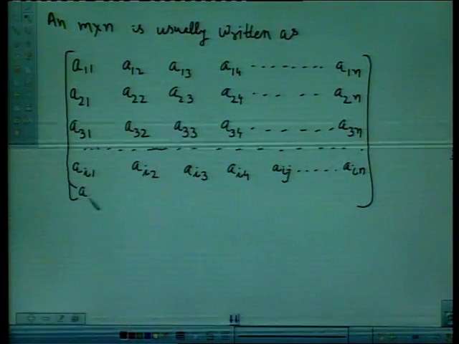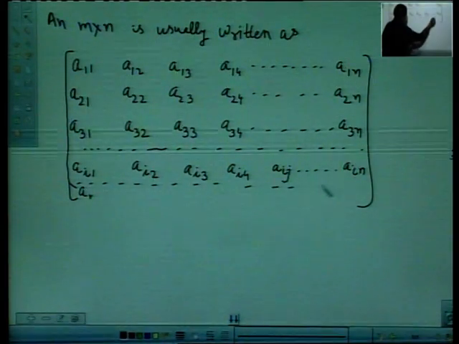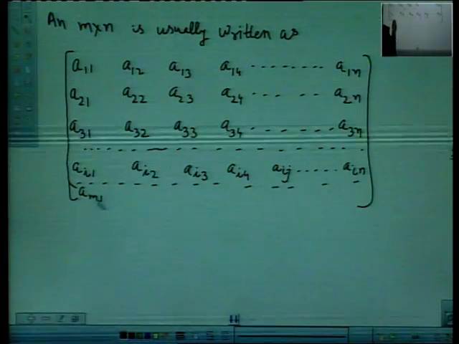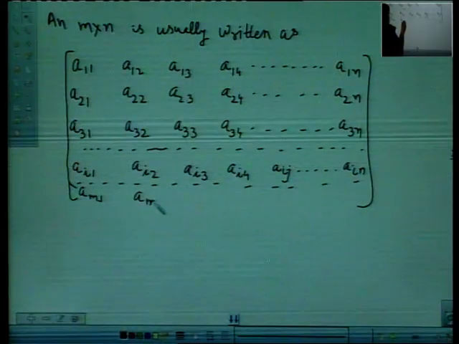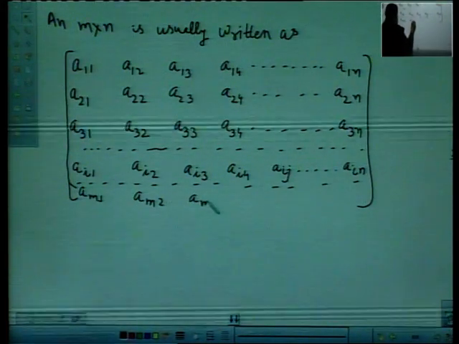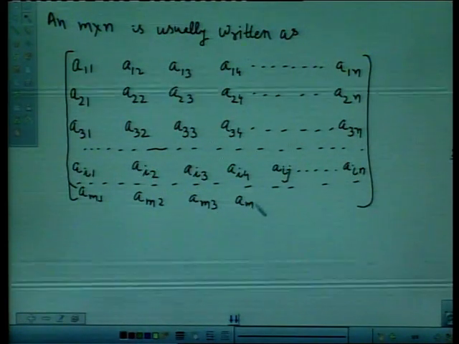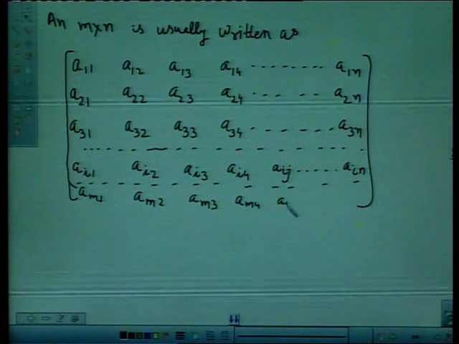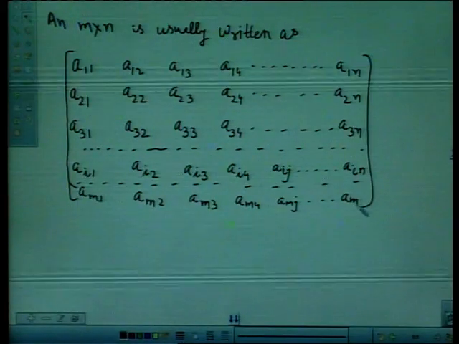Now last, similarly, this is the mth row: am1, am2, am3, am4, and in between we can write amj, and this is amn.